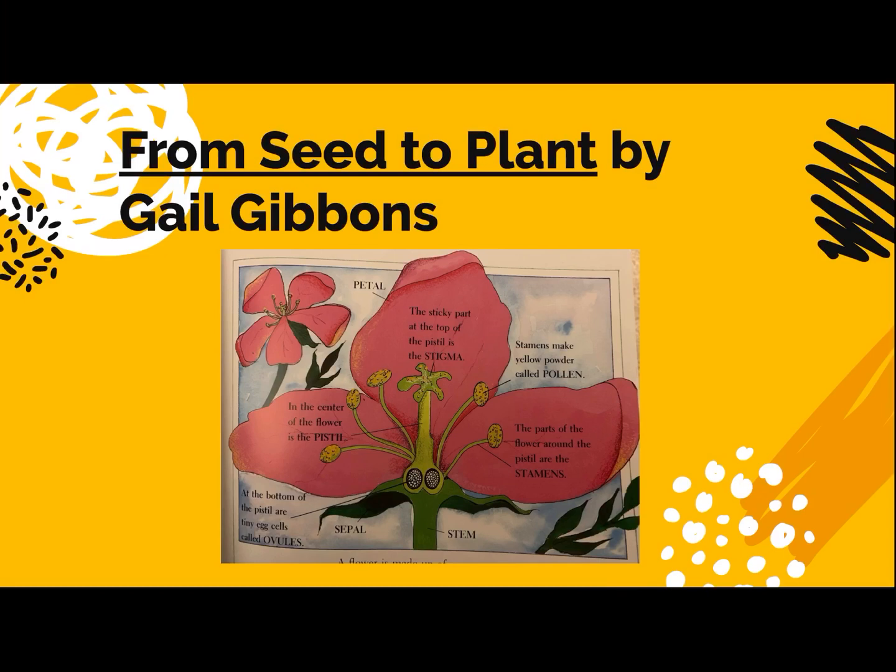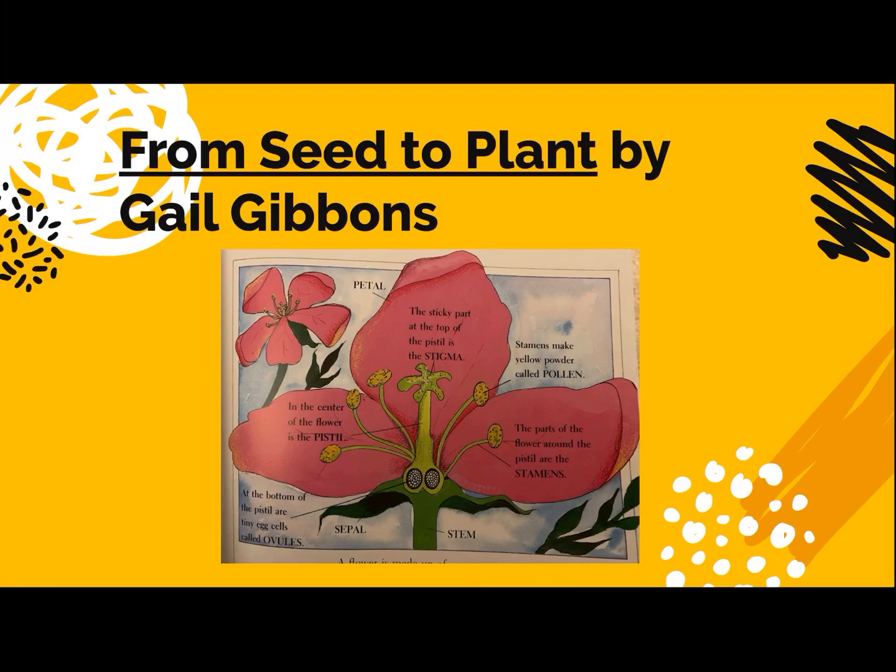Well, this diagram in Gail Gibbons' book, the parts of the flower, helps me to understand how pollination works. When I know that pollen is the yellow powder there that's on the stamens, that helps me understand that when a bird or insect would come onto the flower, how it would pick up that pollen to move to then another flower.